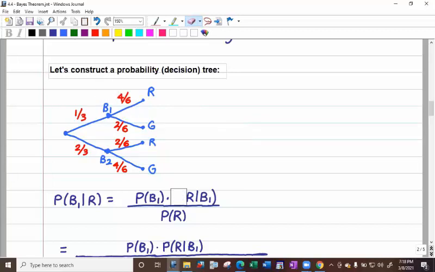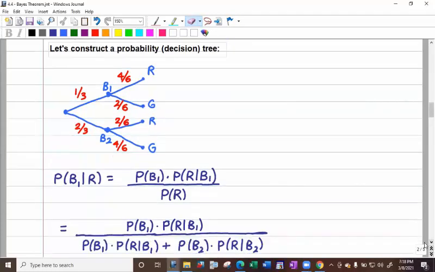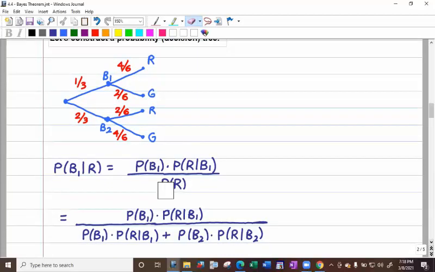Now, I wrote it out kind of officially using the formula right here. But what we really need to do, all we have to do is that the denominator is going to be multiply the paths that lead to red. Because the bottom is the probability of red. It's always the probability of what's on the right here.